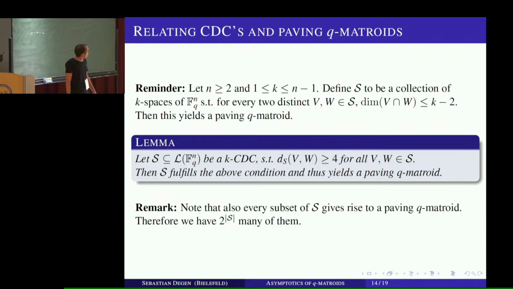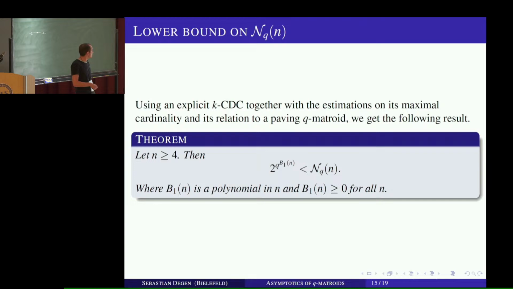Now, using the estimation on the maximal cardinality and this lemma for a specific KCDC, we obtain the following result: whenever we have a dimension greater or equal to 4, then we can bound the number of all q-matroids from below by the following expression, 2 to the power of q to the power of some exponent v1(n), which I do not write out, but it is really ugly.